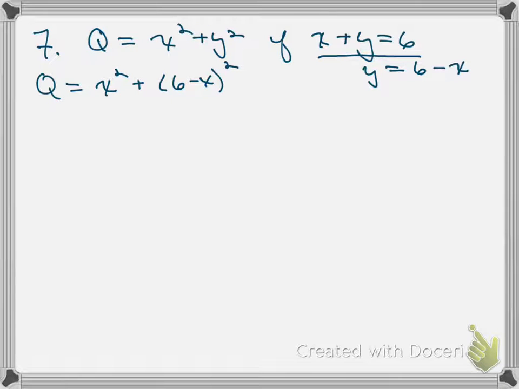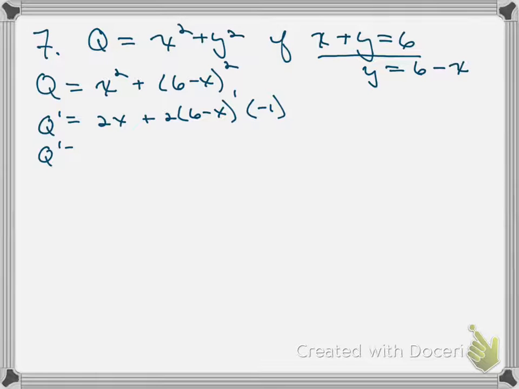Be careful, you have to FOIL that. You can't just distribute the squared. So what I ended up doing was going ahead and just taking the first derivative. So 2x, and then plus 2 times (6 minus x) to the first, and then don't forget the chain rule multiplies that whole thing by -1.